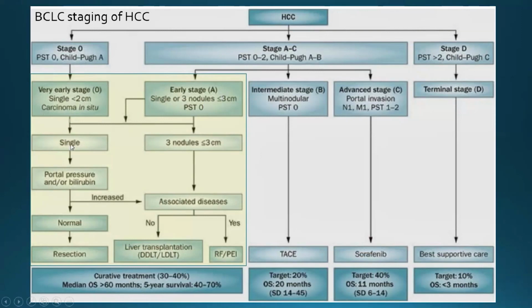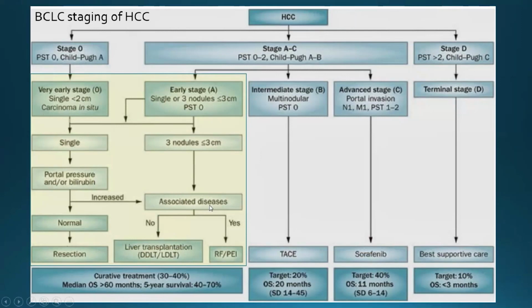If there is a single tumor, there is no portal hypertension, and liver function is normal, they do go for resection. But if there is portal hypertension, then in the absence of associated disease, as we discussed, like cardiovascular and pulmonary conditions or neurologic issues, they do go for liver transplantation.